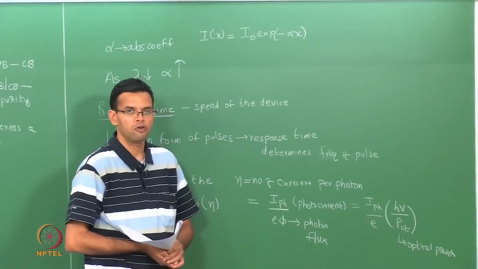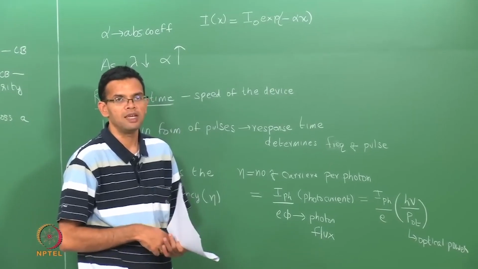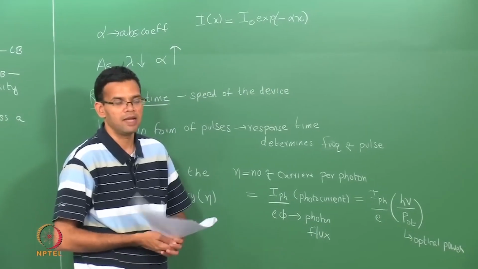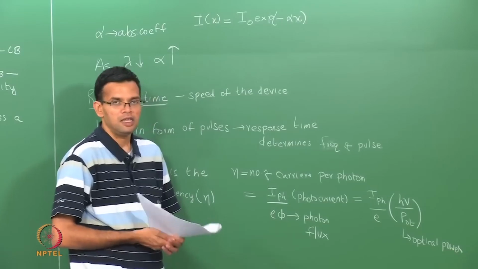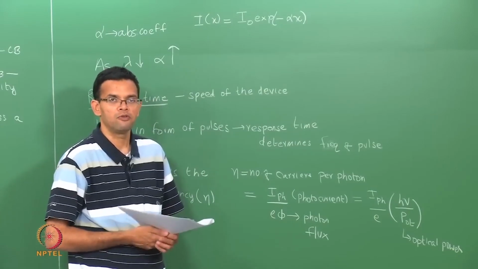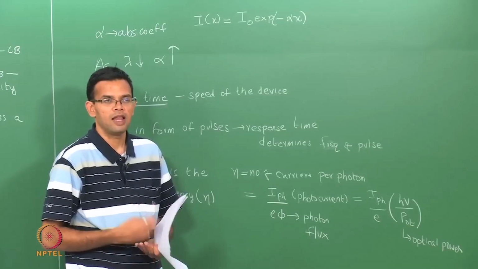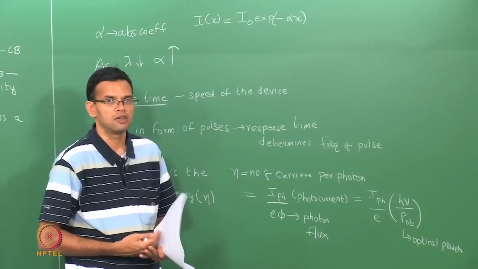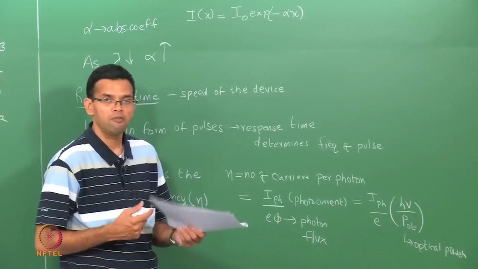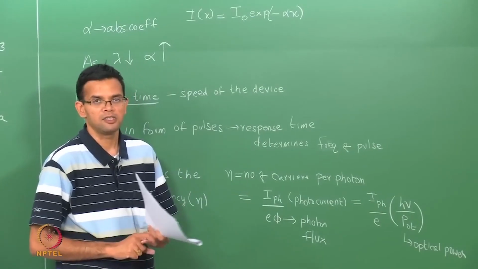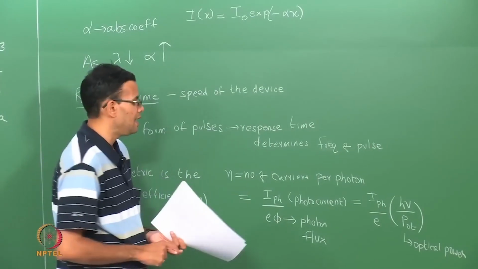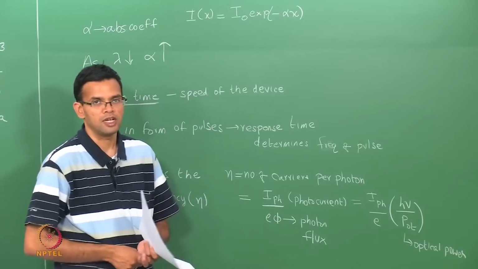In the case of a photodetector, there could also be an internal gain mechanism, so that even though we have a certain number of photons incident on your device, the number of electron hole pairs is larger. So, we have both a gain and a response time that basically characterize your photodetector.